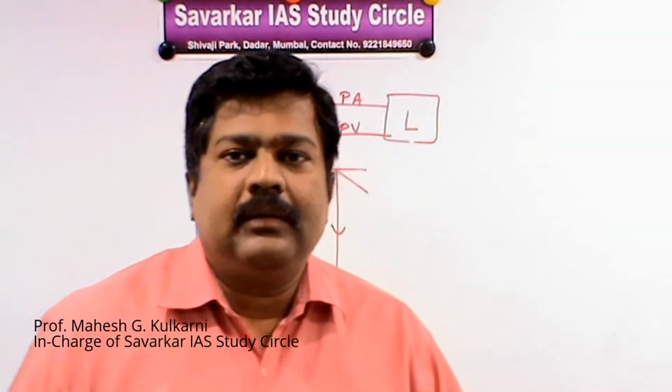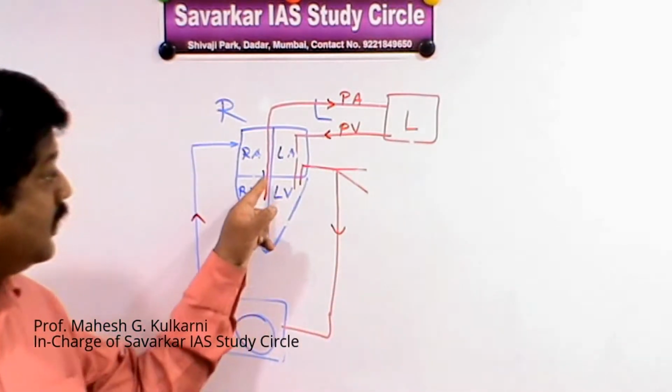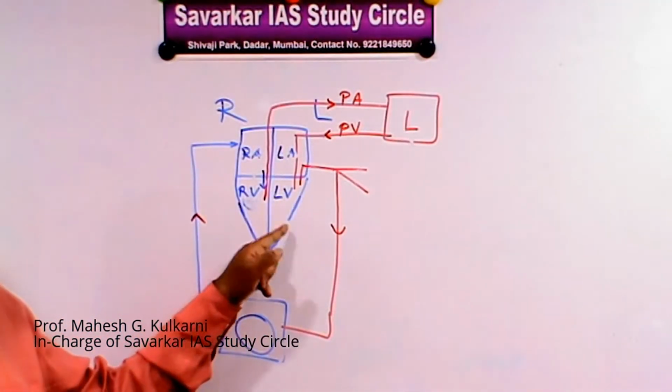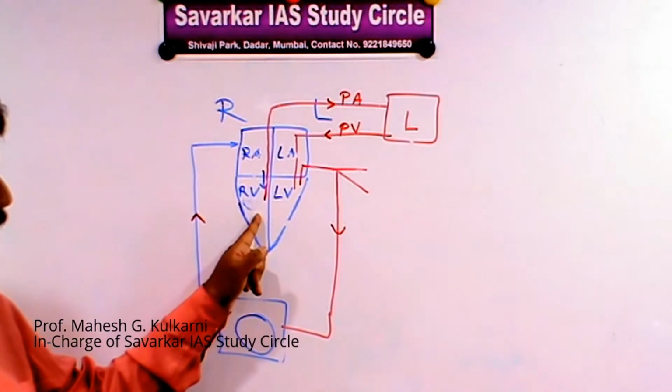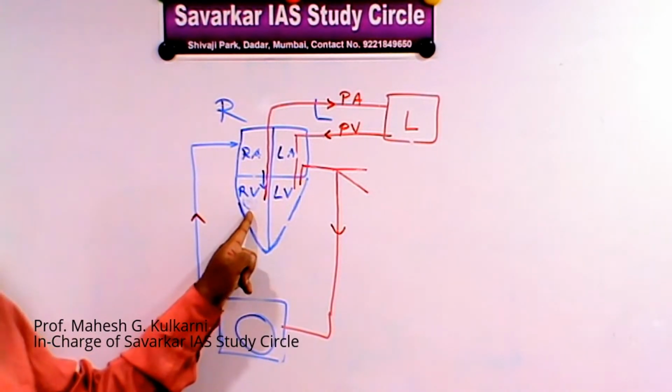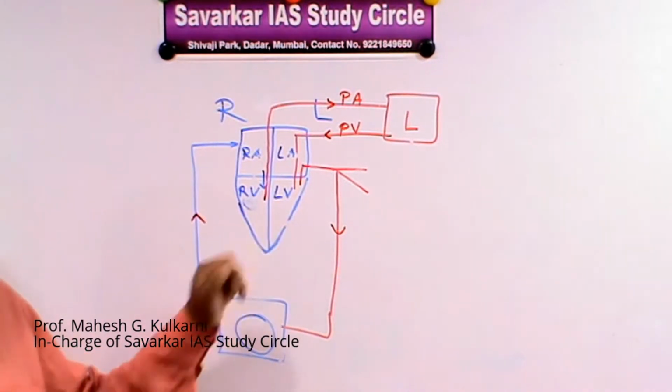Now, sometimes there are heart diseases, particularly inborn diseases, where there is a hole in the wall of the heart. Wall. So here there may be a hole. If there is a hole in between, then obviously there is mixing. Here we have deoxygenated blood. Here we have oxygenated blood.